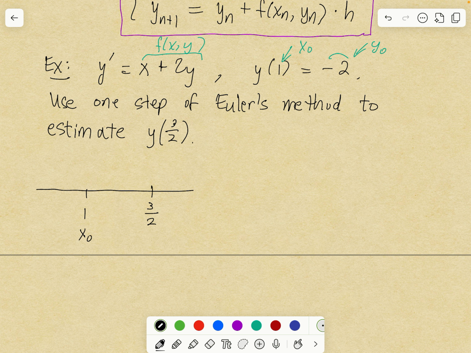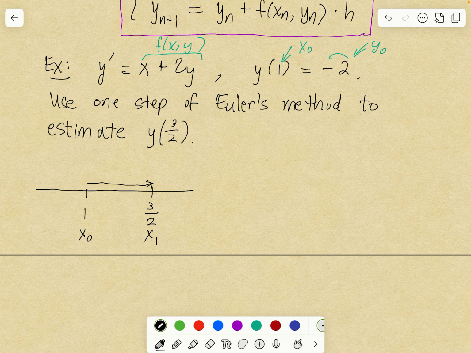And we want to use one step of Euler's method. So we're just going to have an x1. Our x1 is 3 over 2. So what is h? Well, h is the difference. h is the change in x in each step. Well, if you have to go from 1 to 3 over 2 in one step, how many units do you go?